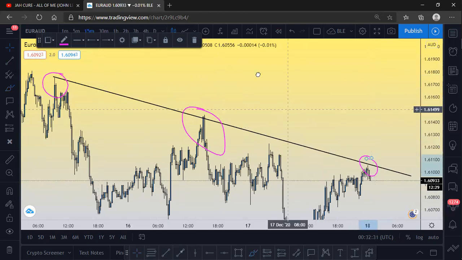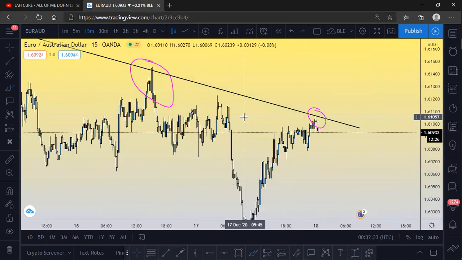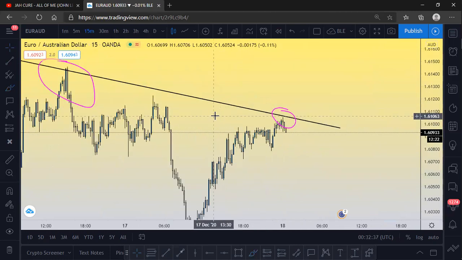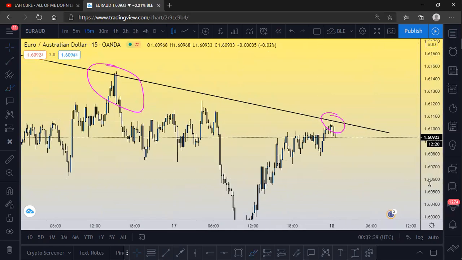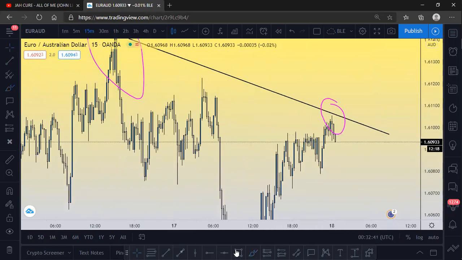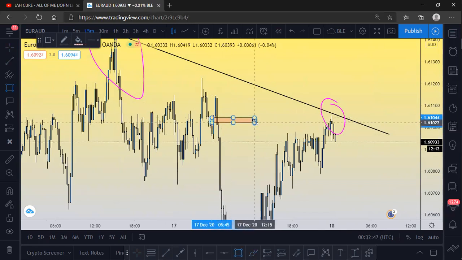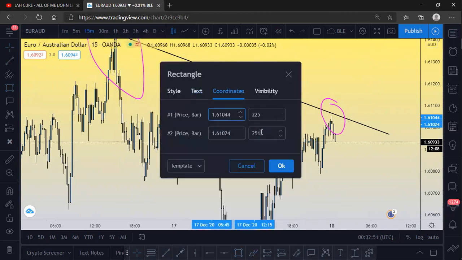And not only that, it is at an area of institution. It is at an area of imbalance, like you said. You were saying something about imbalance, and you're correct. This is an imbalance in the market. Price came back to fill it, and now price is rejecting off it. So like I said, we use imbalances as areas of entry.